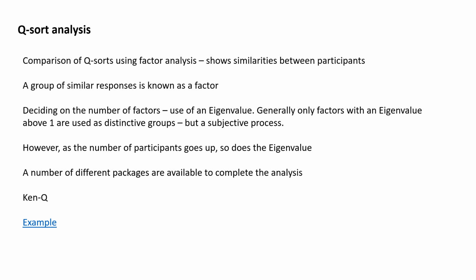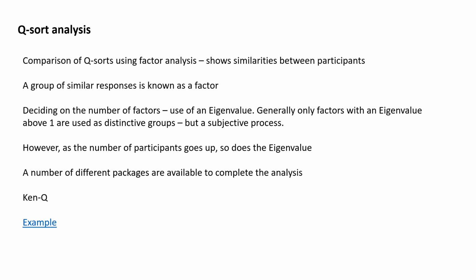A number of different packages are available to complete the analysis, and the one that I tend to use is something called KenQ. I don't know whether this example will work here. No. So what I'll do is I'll do a separate video that just takes you through KenQ as an example.